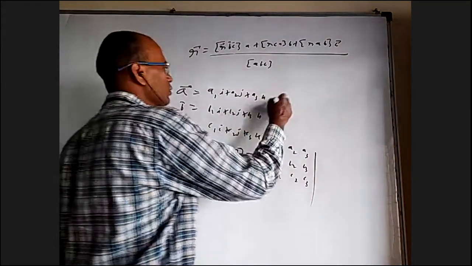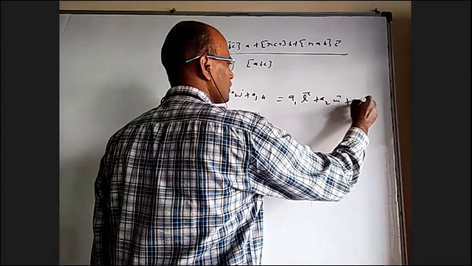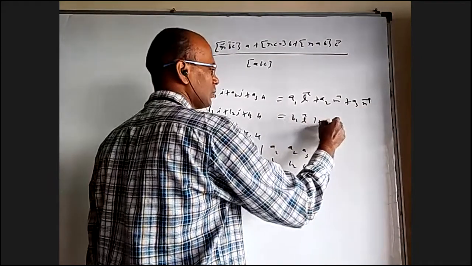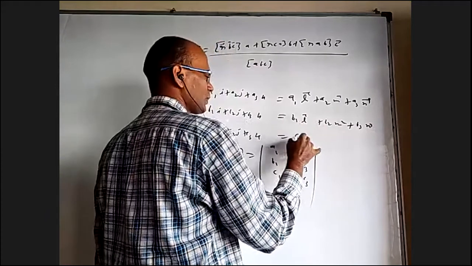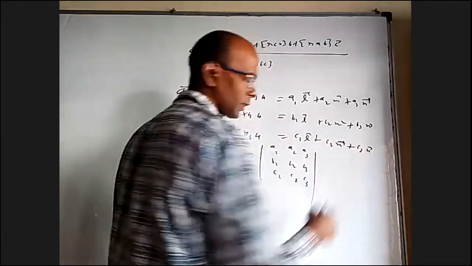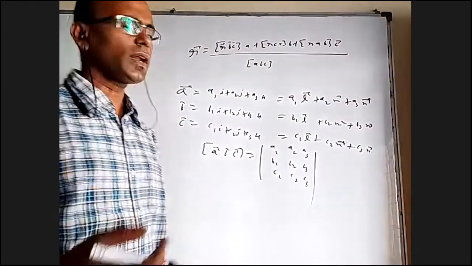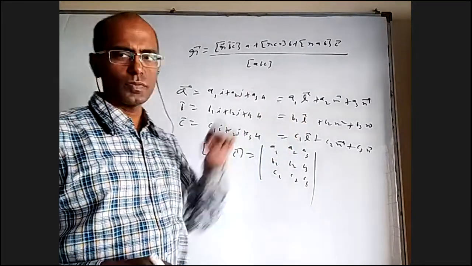Let us say A bar would have been A1 into L bar, A2 into M bar, and A3 into N bar. This one would have been B1 into L bar, B2 into M bar, plus B3 into N bar. This one would be C1 L bar, C2 M bar, and C3 N bar. Then how are you going to find box ABC? After all, box ABC means you find the cross product of these two and then do dot product with this.